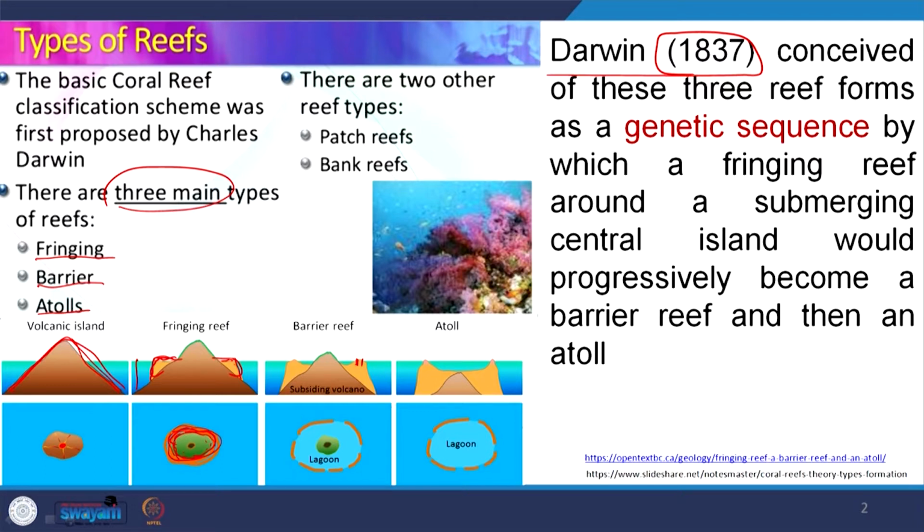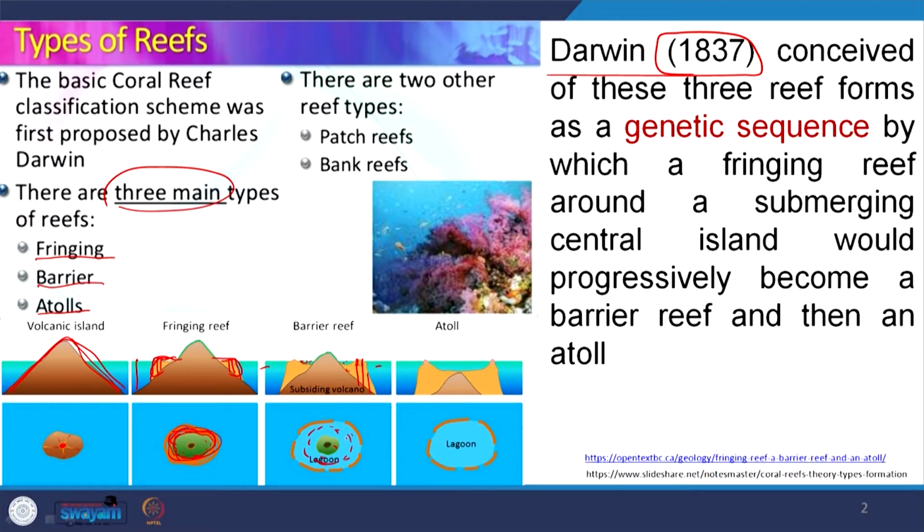Now you see, earlier this was the height of the coral, and now this is the height of the coral. With increasing height, part of the sea is cut off from the main water body and is restricted here. It is a restricted environment forming a lagoon.